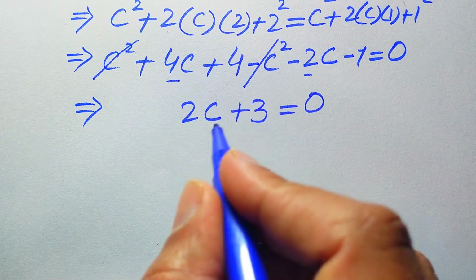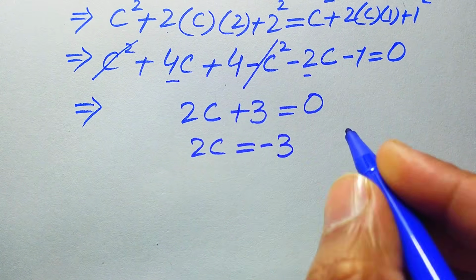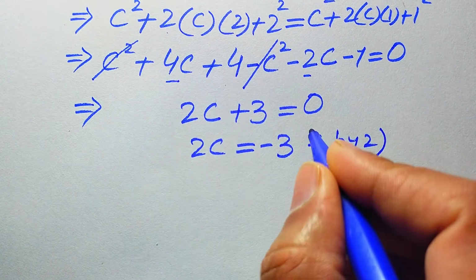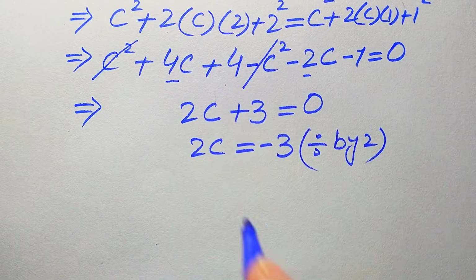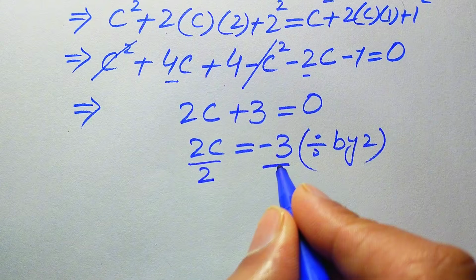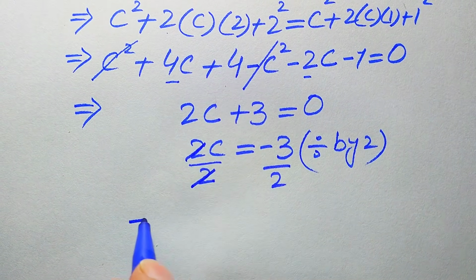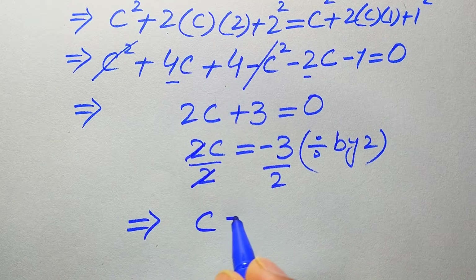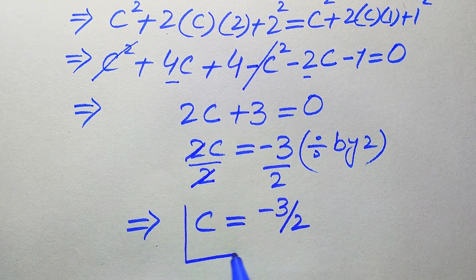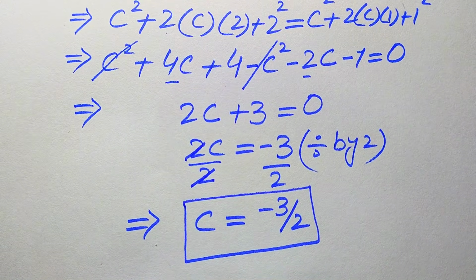For this we move plus 3 to the right-hand side, and it becomes 2c equals minus 3, and now we divide both sides by 2. So 2c divided by 2 equals minus 3 divided by 2. The 2 and 2 are gone, and we get c equals minus 3 divided by 2. This is the value of c which we get in the first method.